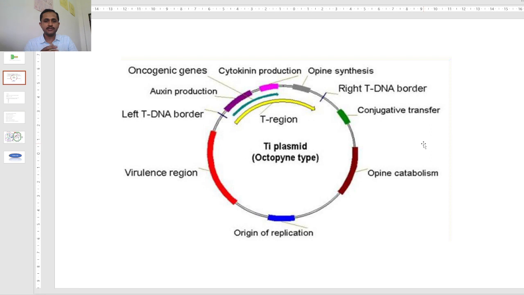There are additional genes like opine catabolizing genes, those protein coding genes that are required for metabolizing the organic compound opine synthesized by this agrobacterium Ti plasmid, so that agrobacterium utilizes the synthesized opine for its growth. And there is the virulence region, which is responsible for creating this infection.